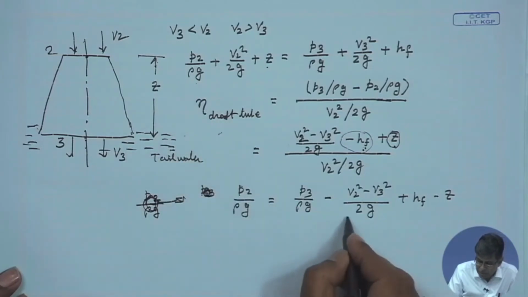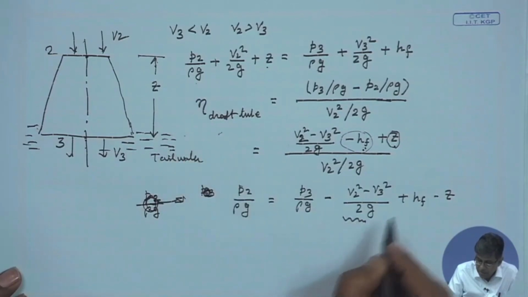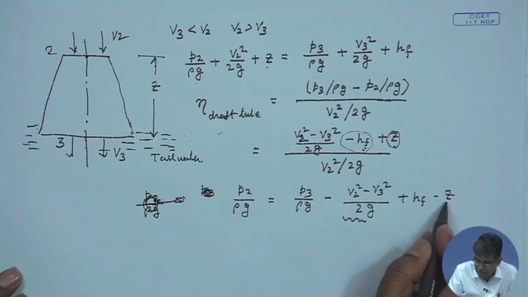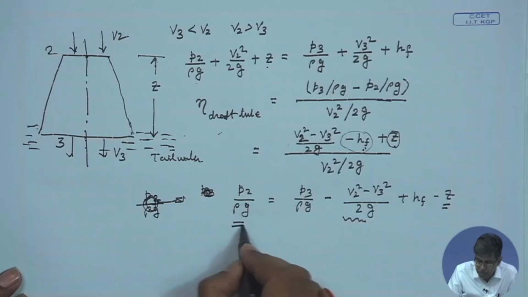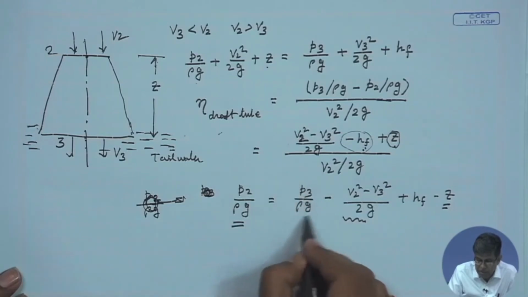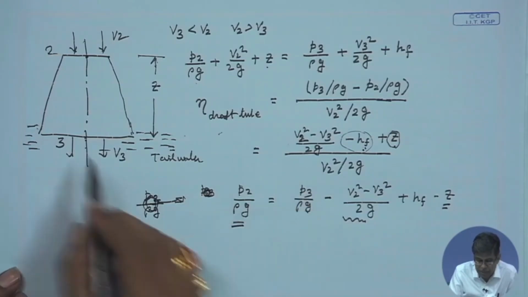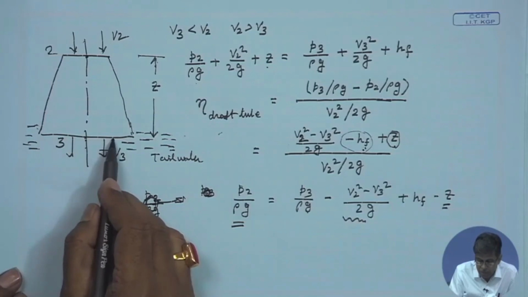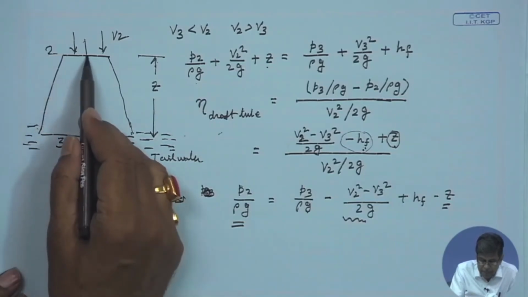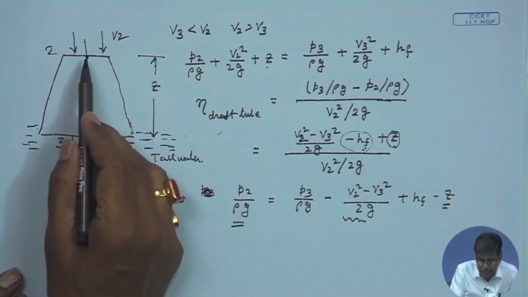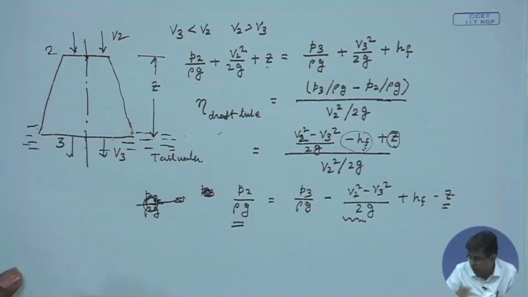So, therefore, we see that because the term V2 square minus V3 square by 2g minus Hf plus Z is positive, P2 by rho g is always less than P3 by rho g, and P3 by rho g is usually the atmospheric pressure, and therefore, the pressure at the inlet is the suction pressure, and that should not be reduced to the vapor pressure.